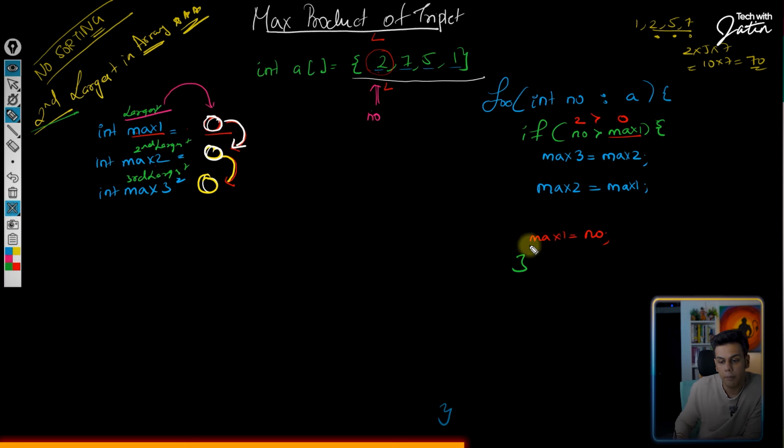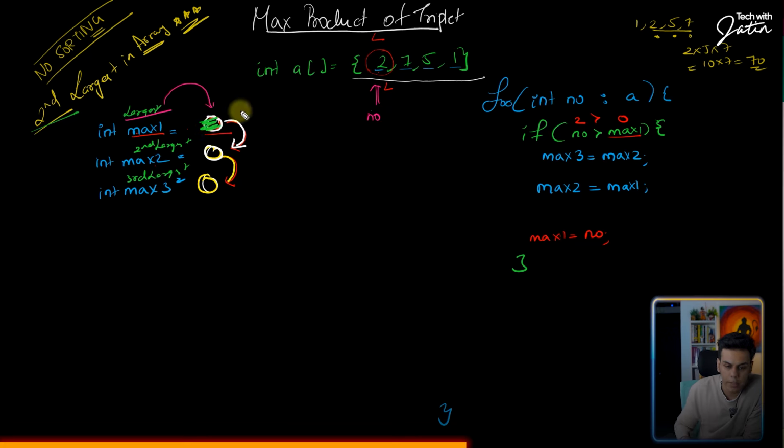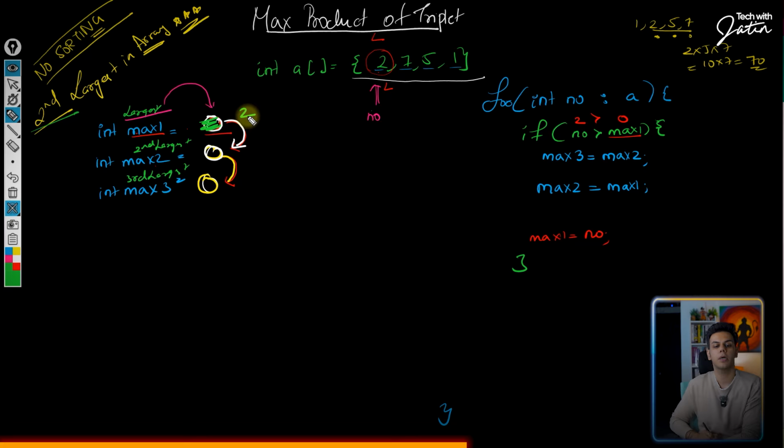And then max1 equal to number. So this 2 will be updated and kept over here. Clear? So max1 has become 2, max2 has become 0, max3 has become 0. Is this part clear to everyone? Perfect. Great. So we have processed number 2.